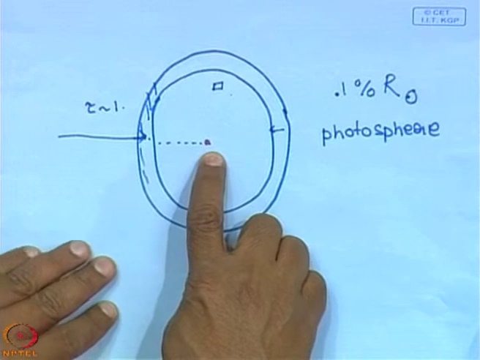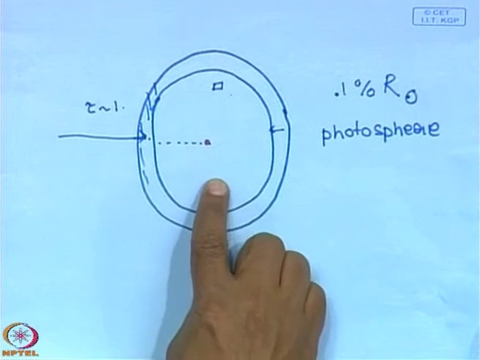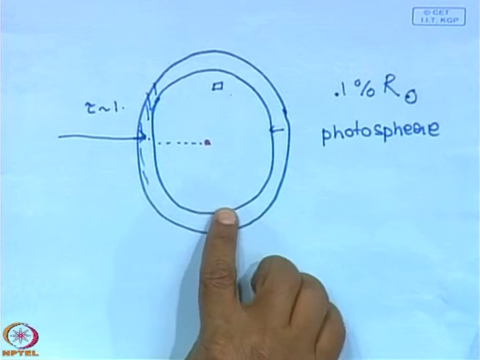Obviously, it is not going to be in the visible, right. At such high temperatures, X-ray is the most dominant kind of radiation. So, at the center of the sun, you predominantly have X-ray.